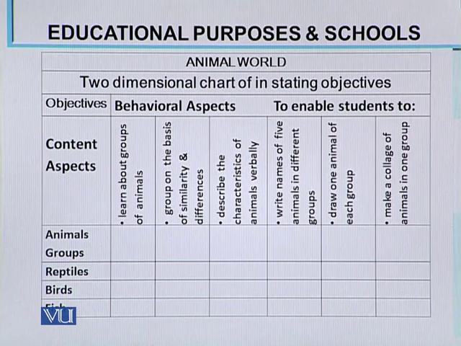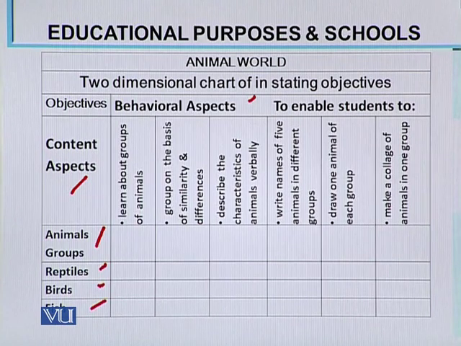So objectives are stated along with the content aspect and the behavioral aspect. And our topic in the content is animal groups. That's what we want to teach. Another possible content area could be reptiles, types of animals, birds, and fish. That's what we want to teach as content.